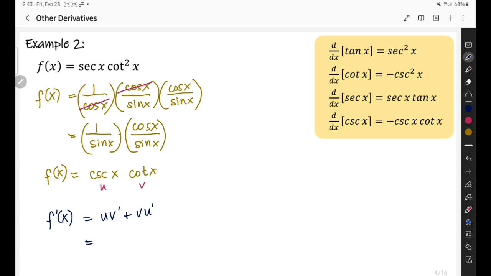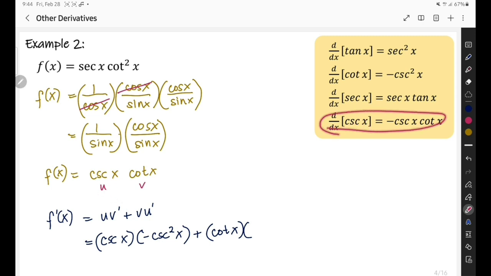So u is cosecant x times the derivative of v, cotangent, which is negative cosecant squared x, plus v, which is cotangent x, times the derivative of u, cosecant, so times negative cosecant x cotangent x.